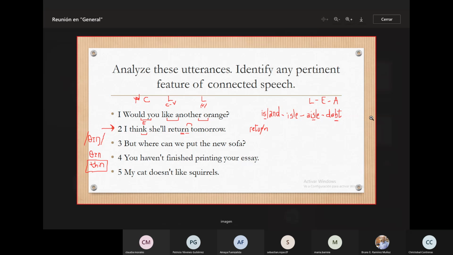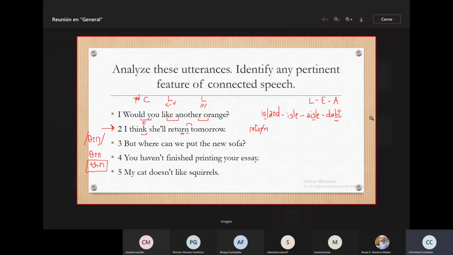But yes, regressive assimilation, as Maria Fernanda identified, and what you're saying is that it is probably a historical elision, because we never say singing or talking, or I was talking with my friend, or I was going. That doesn't happen, right? So yes, regressive assimilation, but the sound disappears. So two features of connected speech for the price of one. How about that?